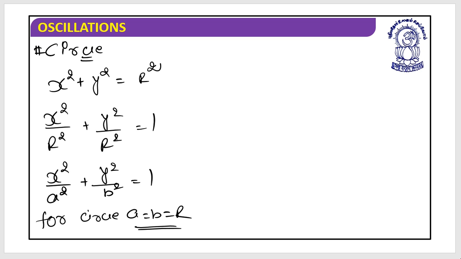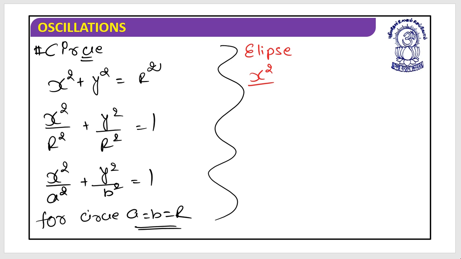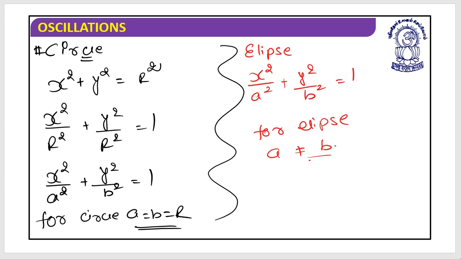That is what we understand. Now we have a different relation for the ellipse. I'm talking about the general relation for the ellipse: x²/a² + y²/b² = 1, and for an ellipse, a and b are not equal, a ≠ b. I hope this is clear.